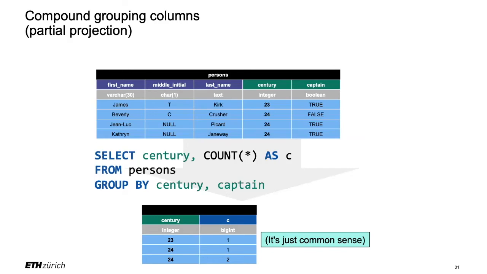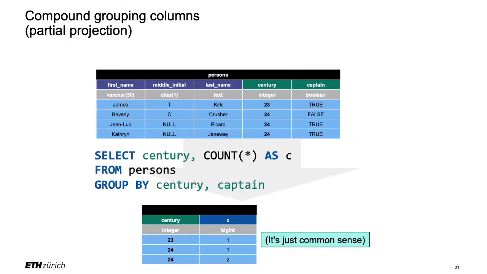The reason is simply that PostgreSQL does bag semantics by default. So it will not mind if it repeats. It will not enforce set semantics. If you want set semantics, you need to add a distinct. You would need to say select distinct century, count, and then it would eliminate the duplicates. But if you don't do that, then you can have duplicates.